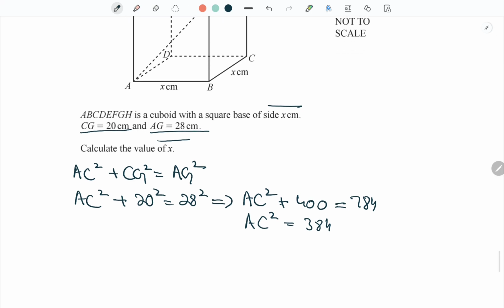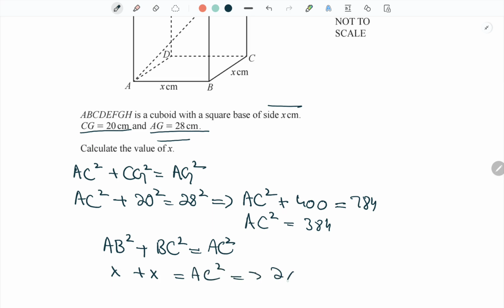Now we relate AC to the side x. So that means AB square plus BC square equals AC square. AB square is x square and this one is also x square, that equals AC square.